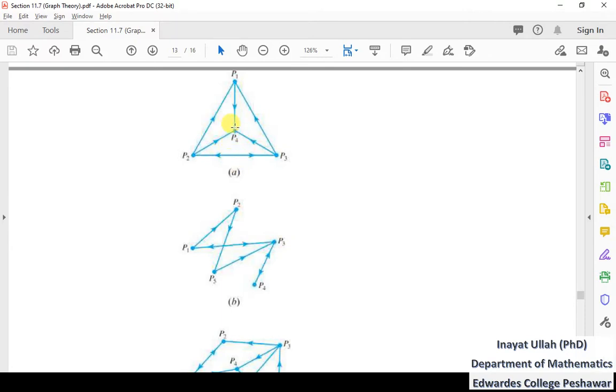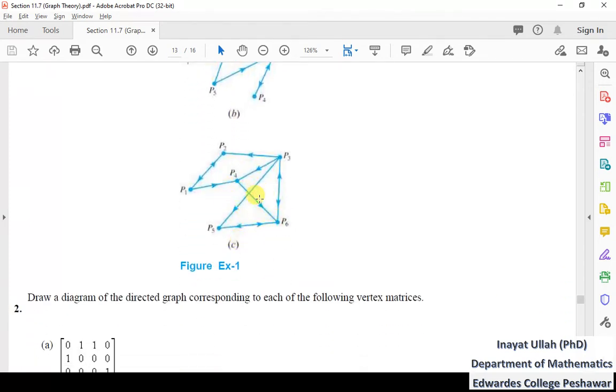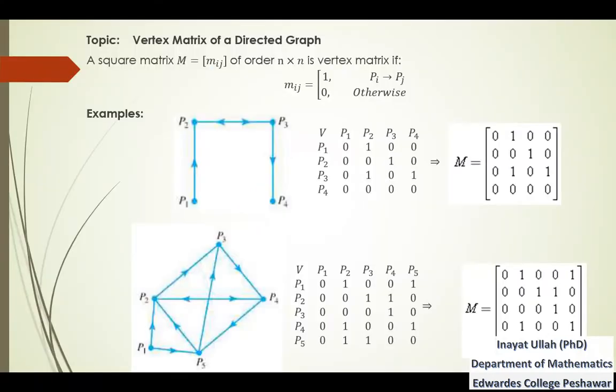You need to draw a vertex matrix for this figure, similarly for this figure, and for this third figure. That is your question number 1. That is about vertex matrix. Whenever a directed graph is given to you, you need to construct the vertex matrix.